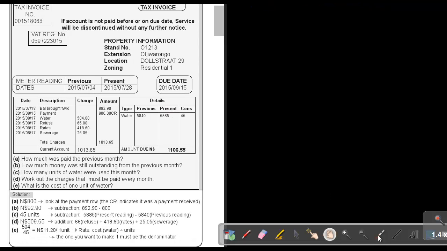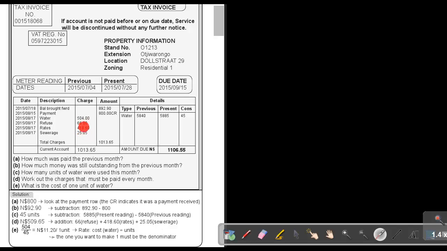And then this one, work out the charges that must be paid every month. So what will be those charges? It's the 509.65. If you look at this, it's the refuse, it's this one, can you see? Plus the rates, that 418, plus the 25.